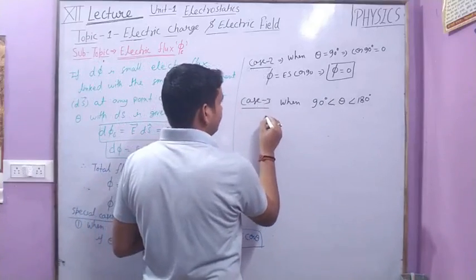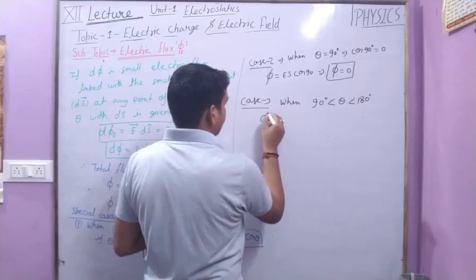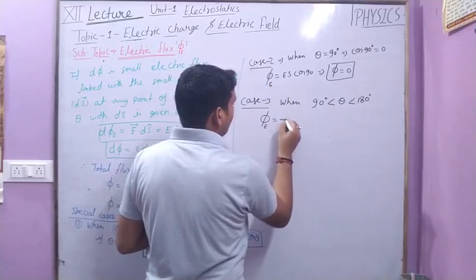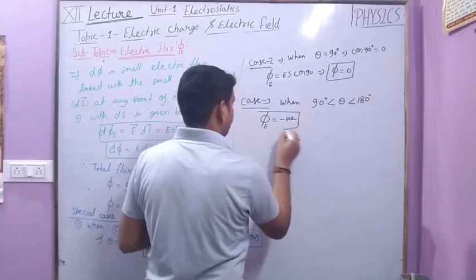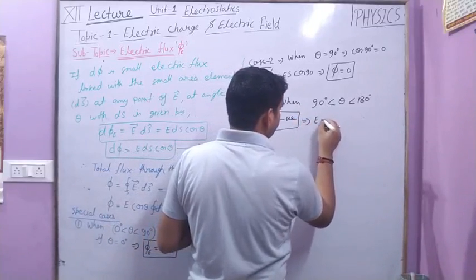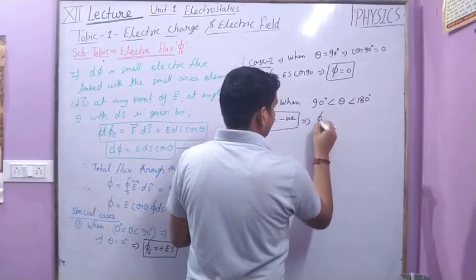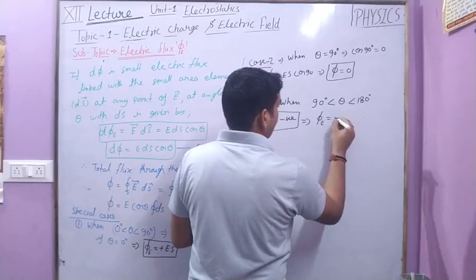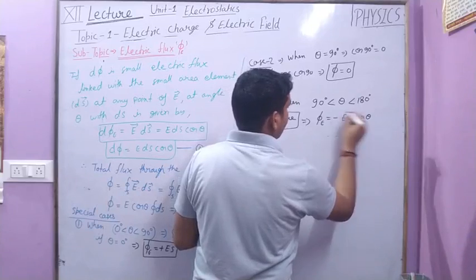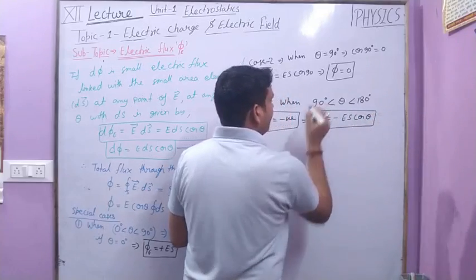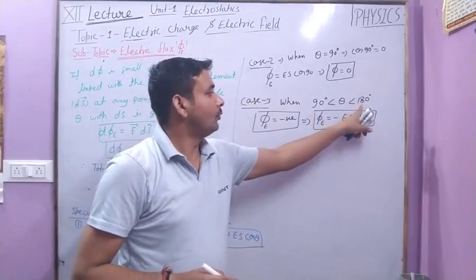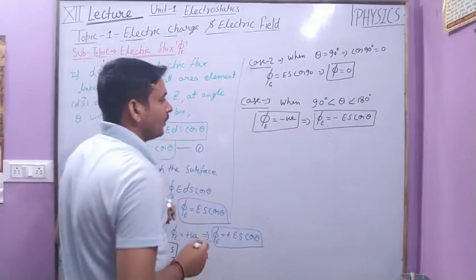Therefore we get phi equal to minus E S cos theta for any value of theta between 90 and 180.